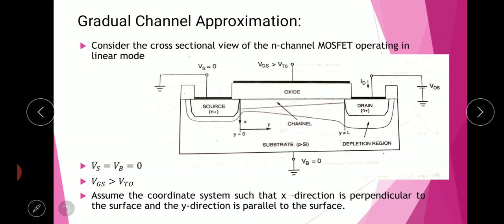For this method, first we consider the cross-sectional view of the N-channel MOSFET operating in linear mode. First we connect the source terminal and body terminal to the ground. Because of that, Vs equals Vb, meaning the source voltage and the body voltage are equal to 0.